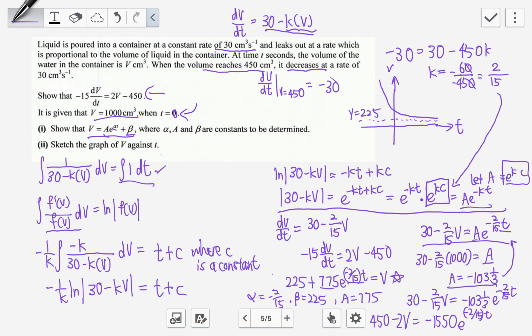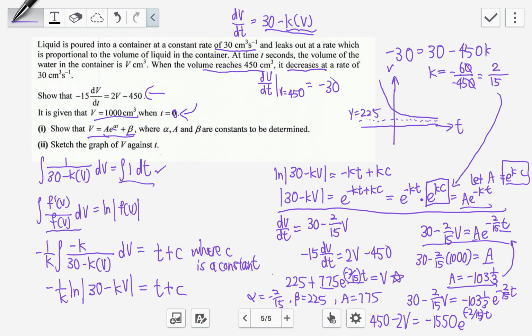That means over time, the volume of the water will reach a constant value 225. Initially it was 1000 cm cubed.